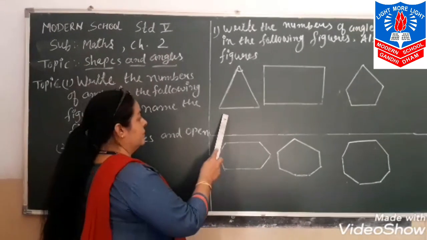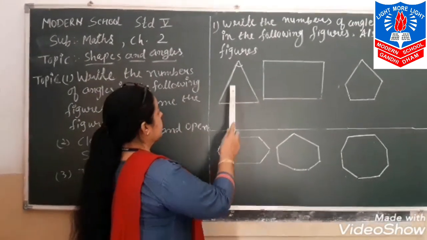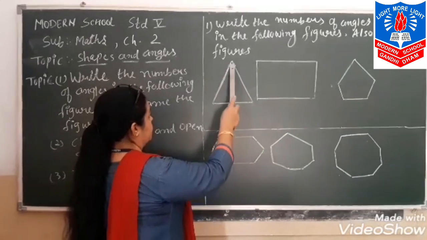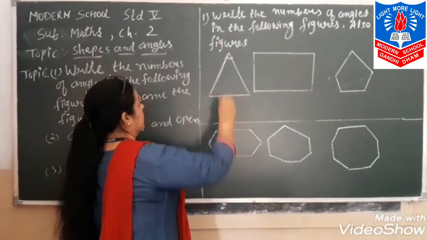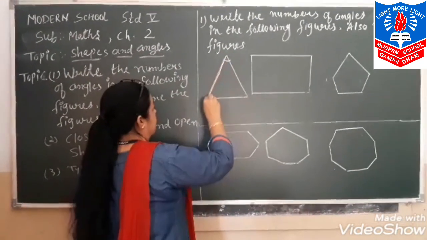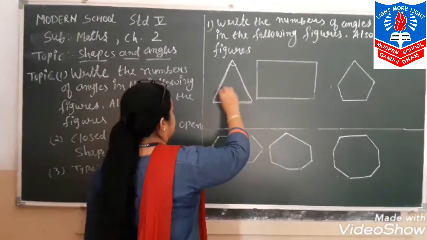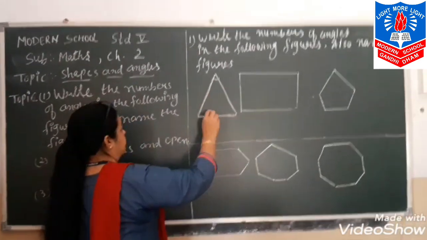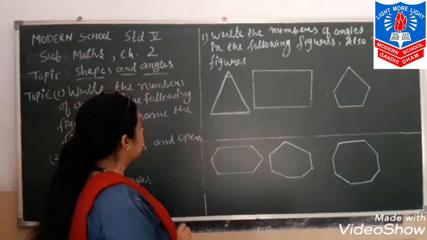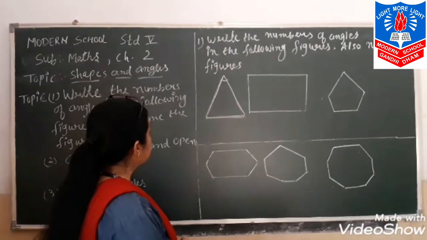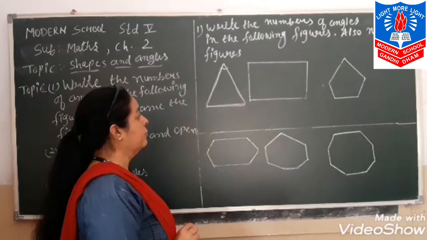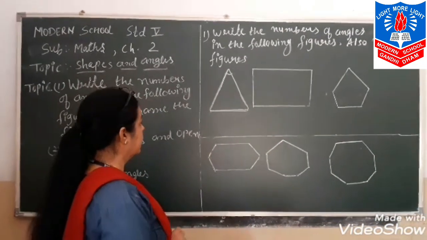Look, first figure, here are 3 line segments. It is 1, 2 and 3. With the 3 line segments, this shape is made. So, this is the shape of a triangle.